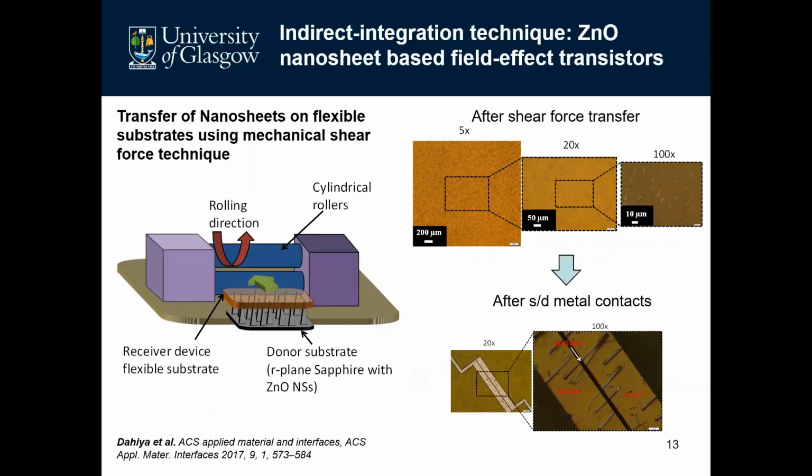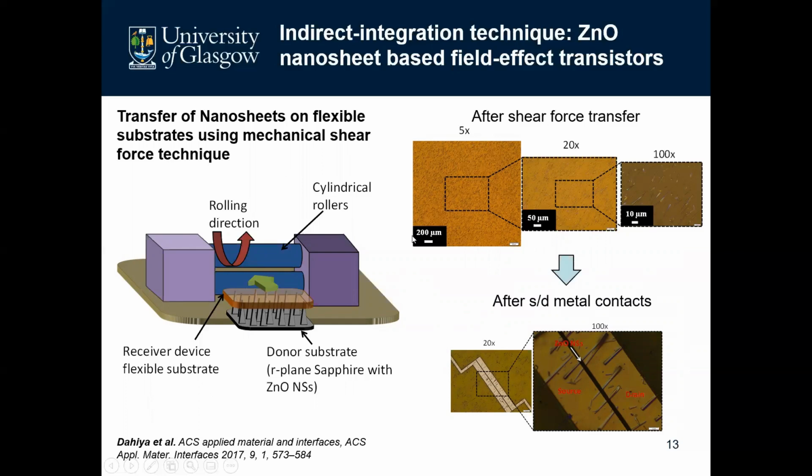To transfer these nanosheets over a flexible substrate, we have used a contact printing approach. It's kind of a roll printing. Here is a schematic showing the process. The as-grown nanosheets are sandwiched with the flexible substrates, and then this assembly is passed through the roller, and the nanosheets are transferred over the flexible substrates.